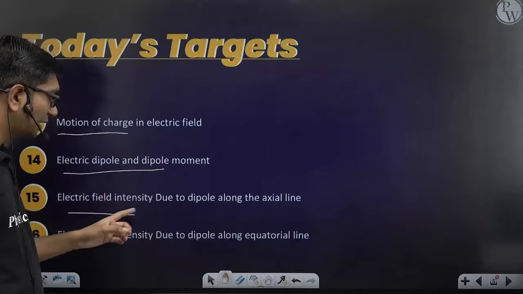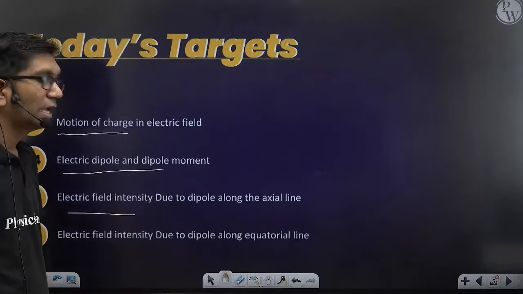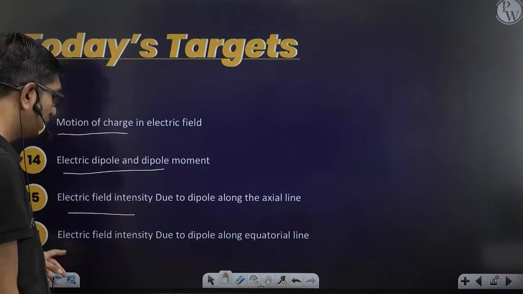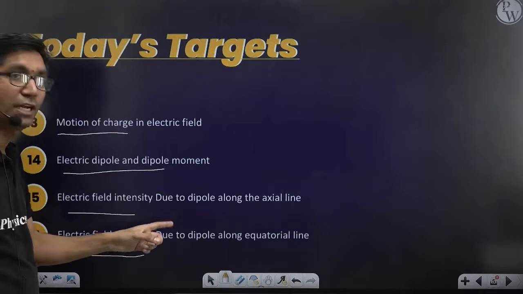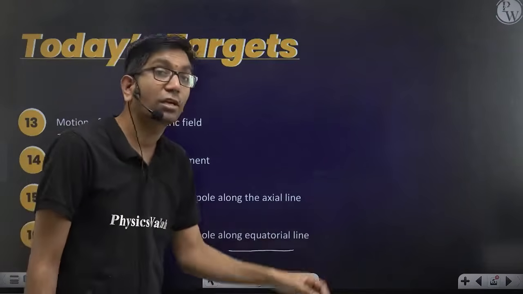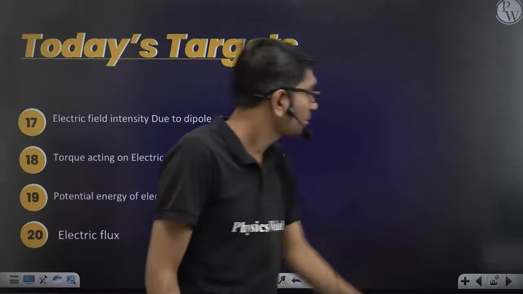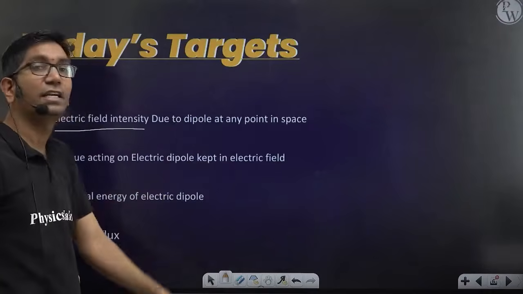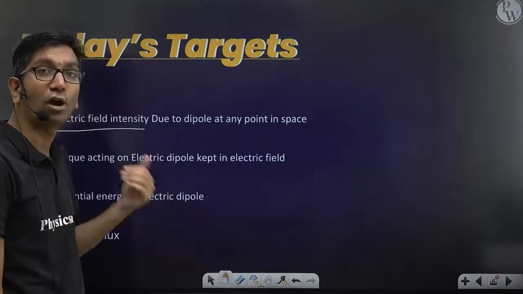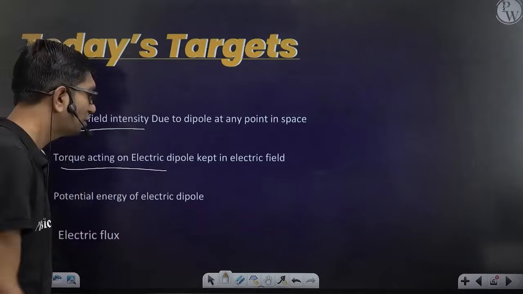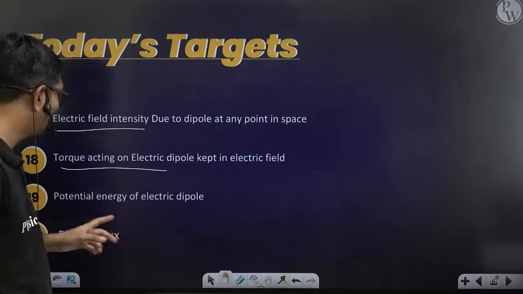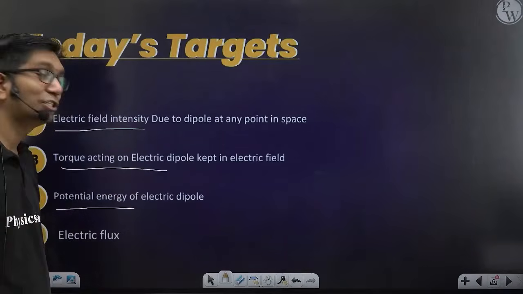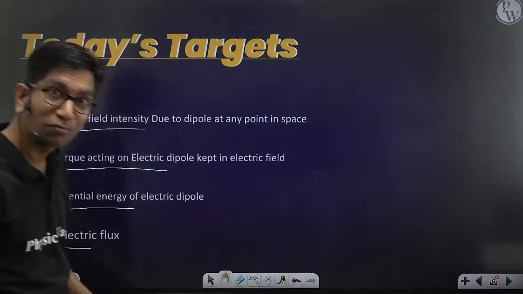Electric field intensity due to a dipole along the axial line, along the equatorial line, and at any point in space. Torque acting on an electric dipole kept in an electric field, potential energy of an electric dipole, and electric flux.